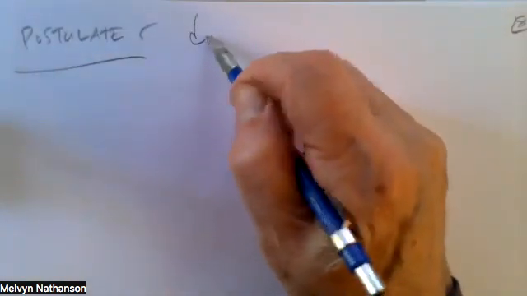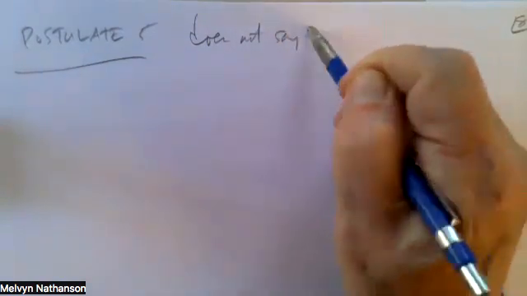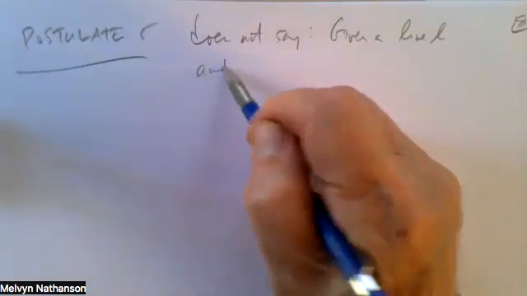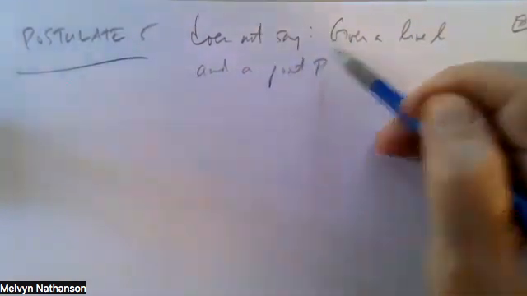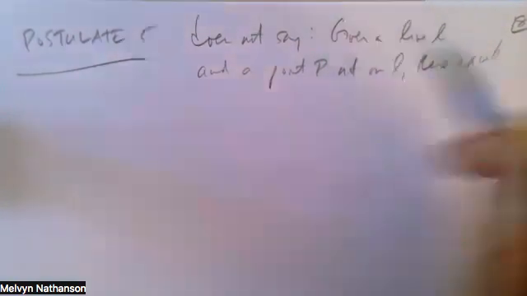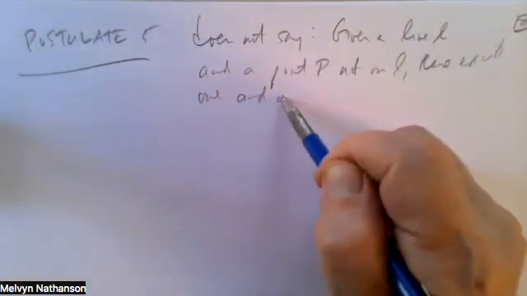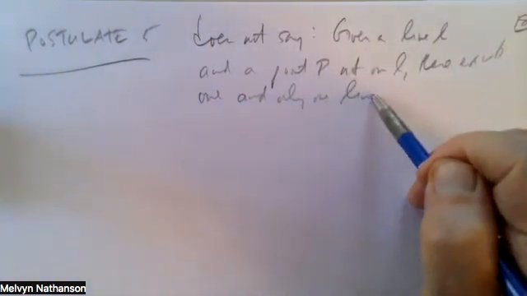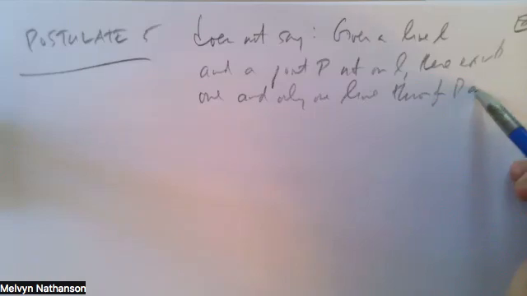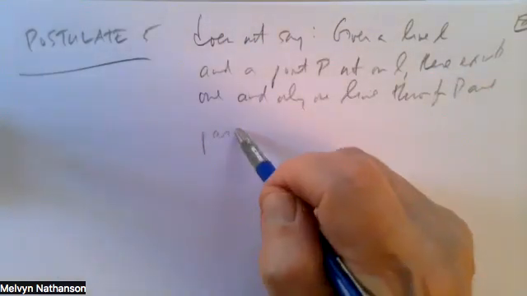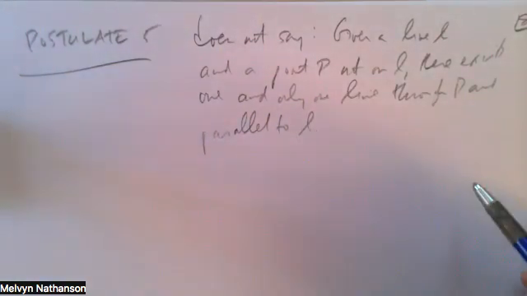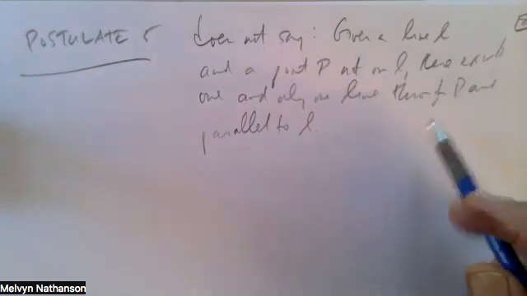Postulate 5, I'll just write, does not say: given a line L and a point P not on L, there exists one and only one line through P and parallel to L. So some people think this is the parallel postulate in Euclid, but it's not.